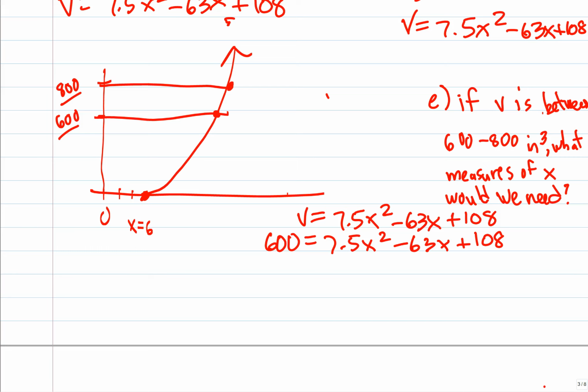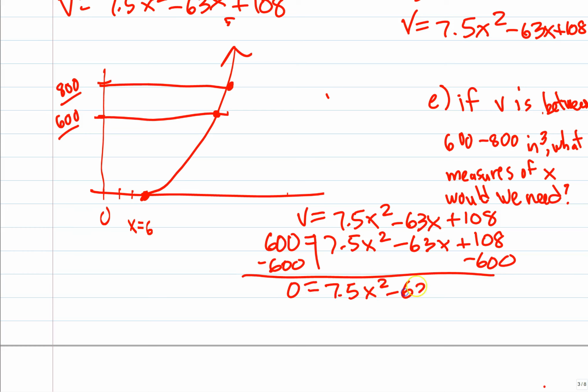I don't really feel like running this through the quadratic formula, but I could. I could set this equal to 0. That would become minus, let's say 492 is what I'm getting. 492, 108, 600. That should work. Okay. I could set that equal to 0, and I could run that in the quadratic formula.